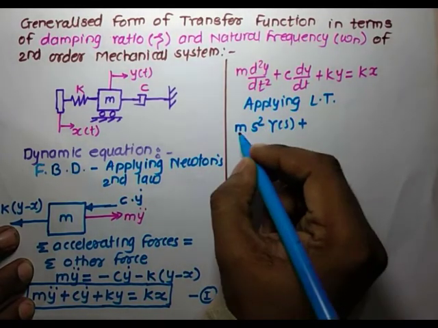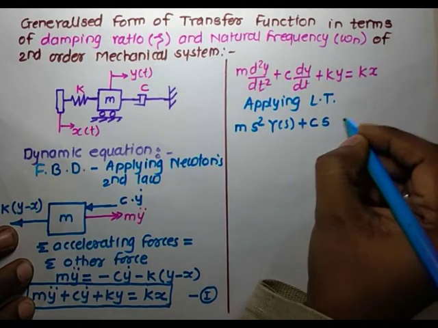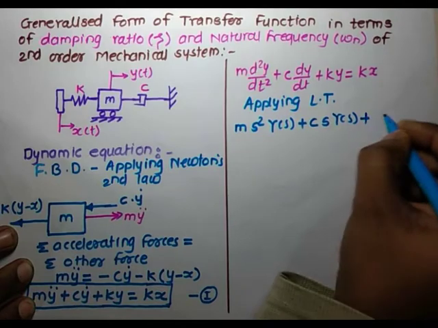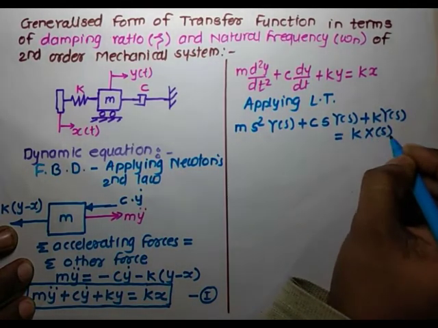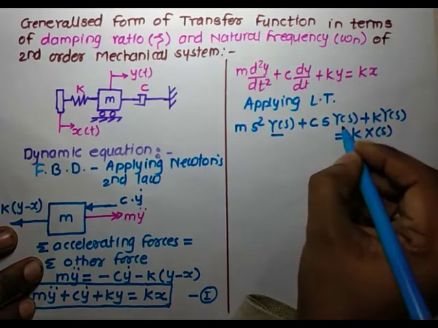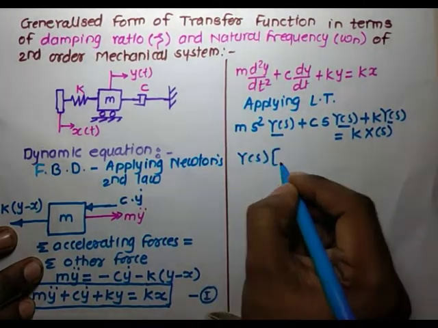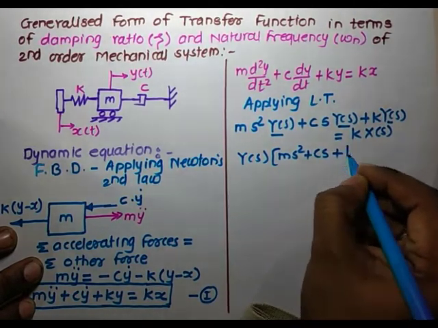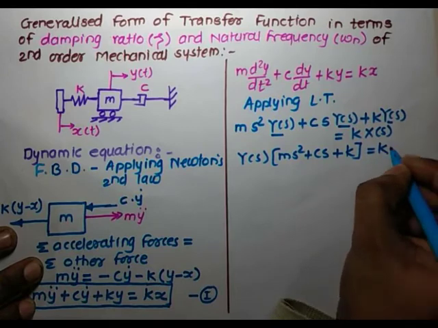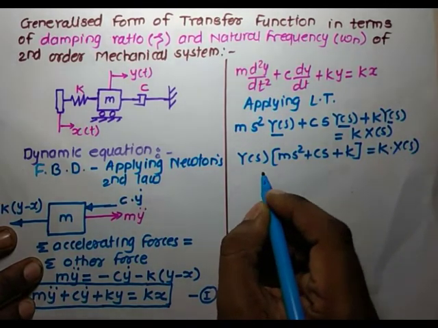So what we are having is m s square into Y of s plus c into s Y of s plus k into Y of s is equal to k into X of s. Now we'll take Y of s common out of the bracket. Y of s in bracket m s square plus c s plus k is equal to k into X of s. Now we can apply the definition of a transfer function.